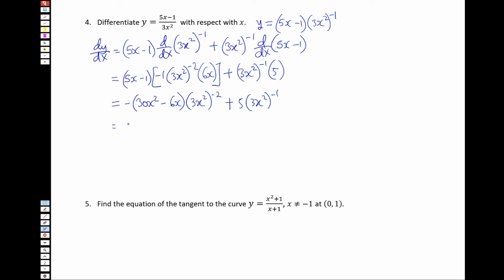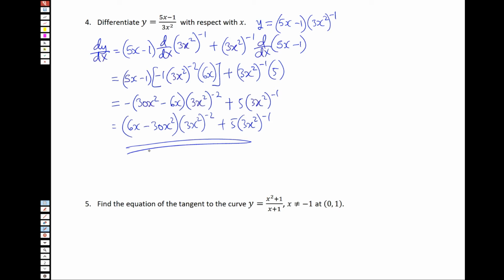Then you can bring back the negative in, so that will be 6x minus 30x squared multiplied by 3x squared to the power negative 2 plus 5 multiplied by 3x squared to the power negative 1.